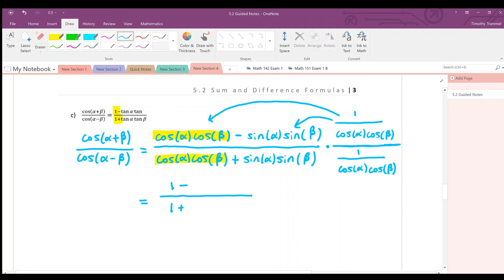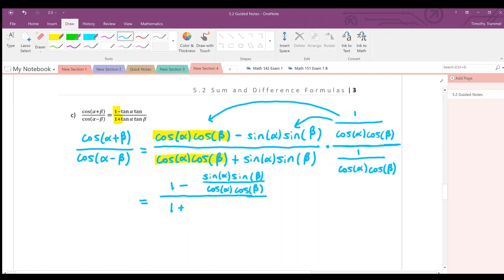Now, let's not skip a step here. Let's just go ahead and multiply. We should end up with sine of alpha times sine of beta times 1 over cosine alpha cosine beta. And so that'll look like sine alpha sine beta all over cosine of alpha cosine of beta.